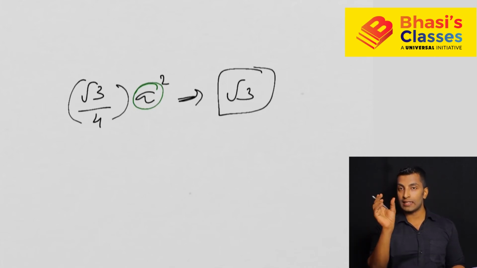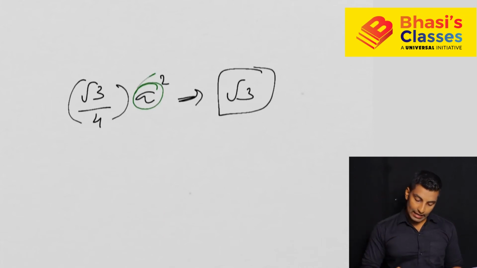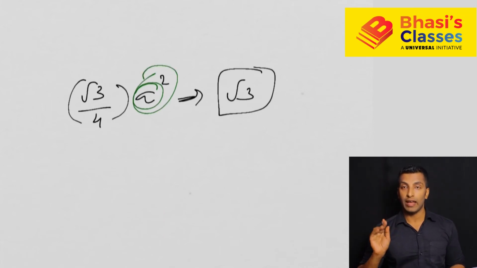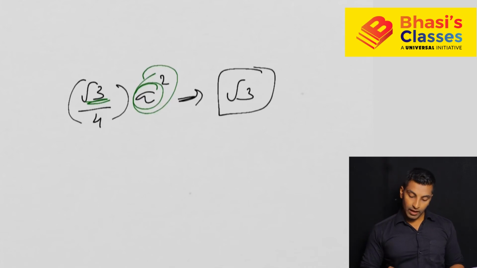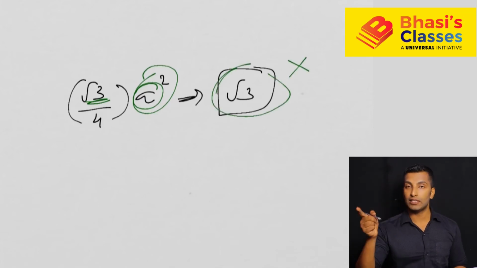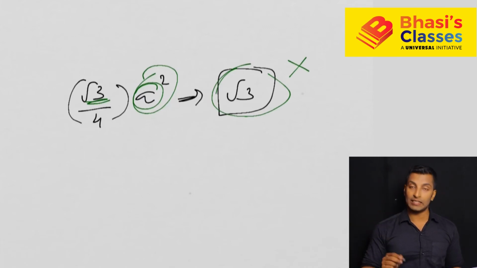If you get the side in terms of the 4th root of 3, when you take a square, that becomes a square root. Then there is a possibility of getting this removed, because square root of 3 into root of 3 you may get, and then it can be removed. But in your side, there is no possibility of getting a 4th root of 3. In your options, if you don't find root 3, eliminate that option, because the correct answer should contain root 3. That's the idea. I hope you understood.